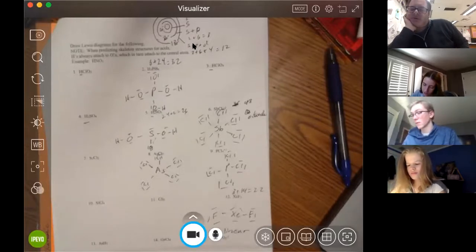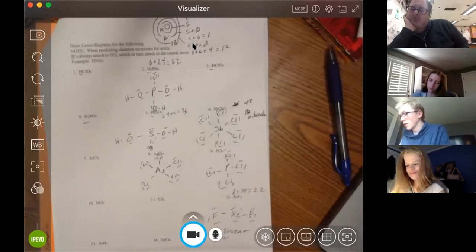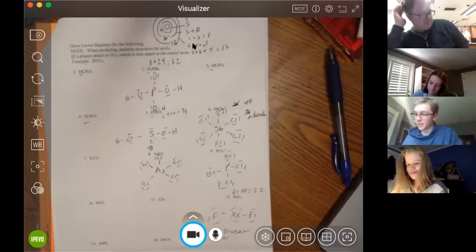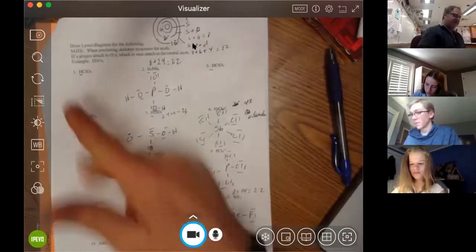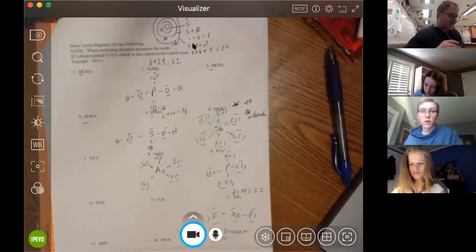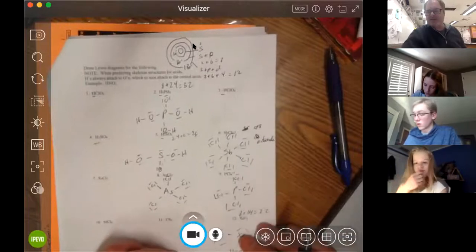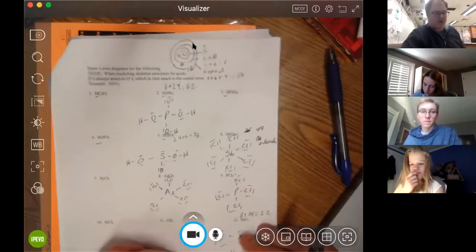And the shape of the O's? Angular, or bent again. Questions there? All right, you can finish these up for practice if you need it. I'll try to get the answers and then post them by tomorrow.